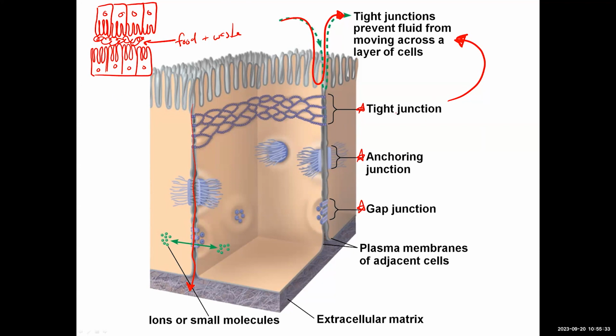So tight junctions are necessary for keeping things separate and to prevent movement between cells.